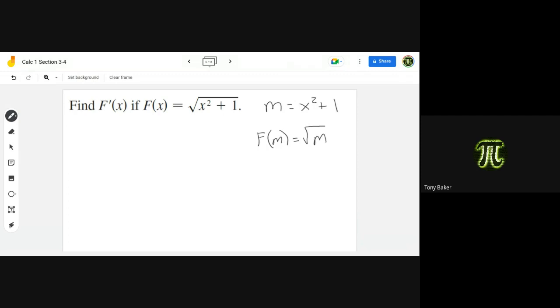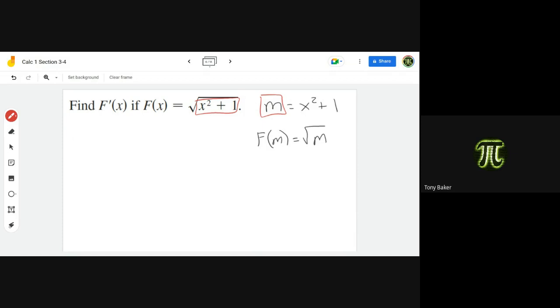Everybody understand what I just did? I made m, I just made up another variable. I said m is the thing inside there. So I took this piece right here and I made it m, because you can do that.